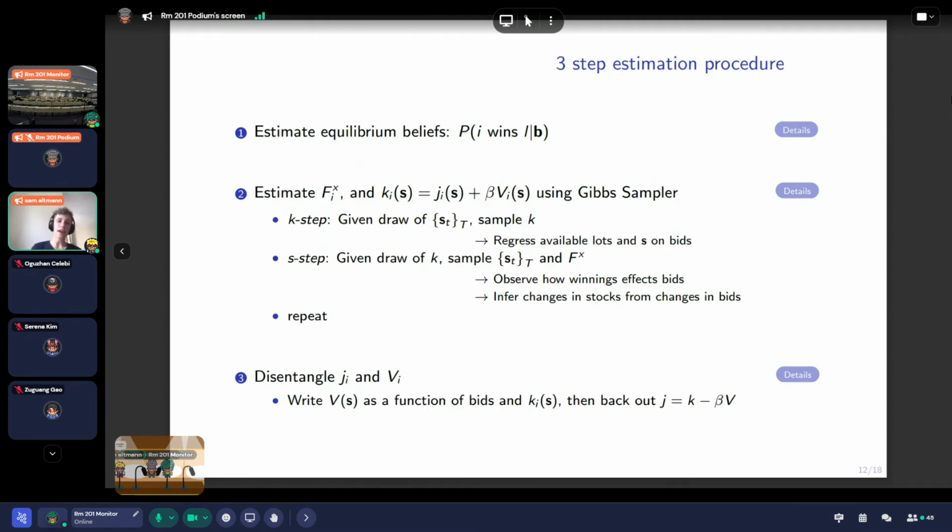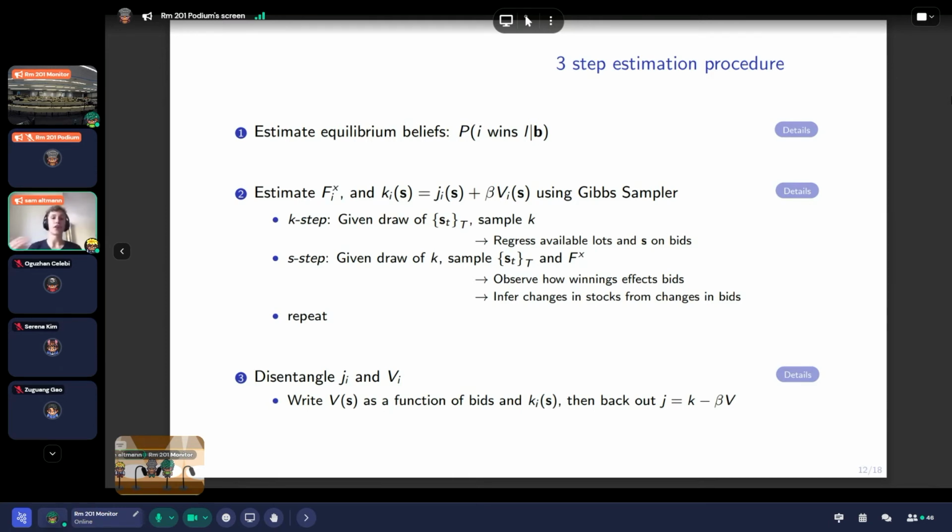Then in the second step, I estimate the distribution of net donations, as well as this function K, which is a sum of the flow payoff function and the discounted continuation value. I refer to this function as the pseudo-static payoff function. It's essentially what you would estimate if you incorrectly estimated a static model, assuming that food banks were myopic.